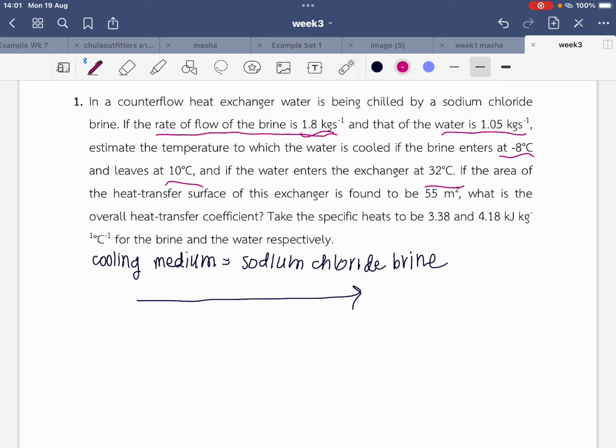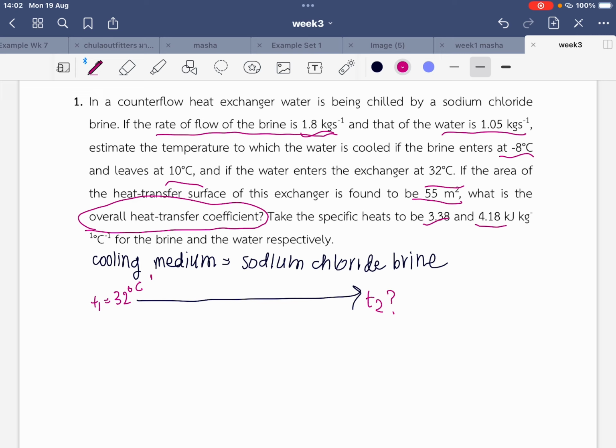The heat exchanger area is 1.55 meters squared. Find the overall heat transfer coefficient. 3.38 and 4.8. Okay, so let's write down. T1 is 32 degrees Celsius, and we don't know T2.